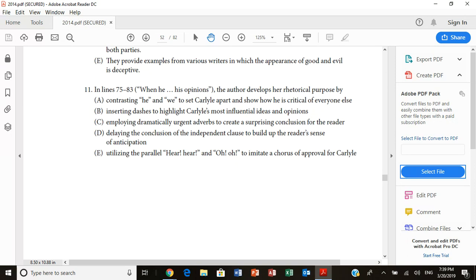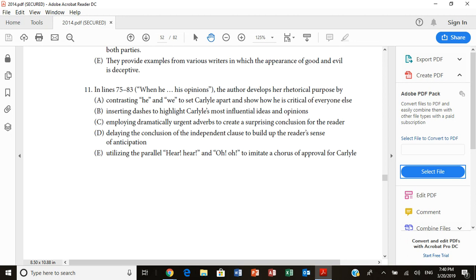Do the urgent adverbs create a surprising conclusion for the reader? Not a surprising conclusion. Okay. Does delaying that conclusion of the independent clause build up the reader's sense of anticipation? Absolutely. We see this technique being used by this author a lot, where not this is true, but that is true. Not this is true, but that is true, and it stacks one on top of another.